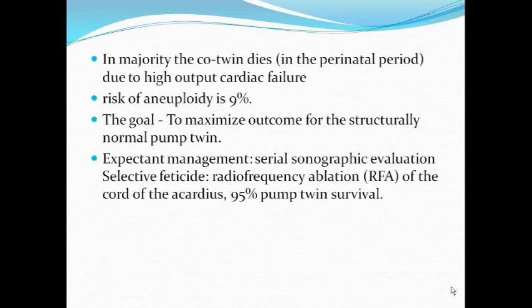Risk of aneuploidy is 9%. The goal of management is to maximize the outcome of a structurally normal pump twin. You can perform expectant management with serial sonographic evaluation and selective feticide using radiofrequency ablation of the cord of the acardiac twin. If you have done this, the chance of survival of the pump twin will be 95%.